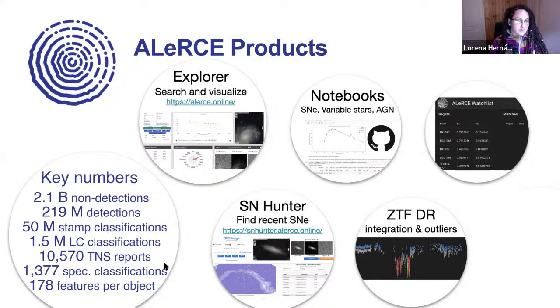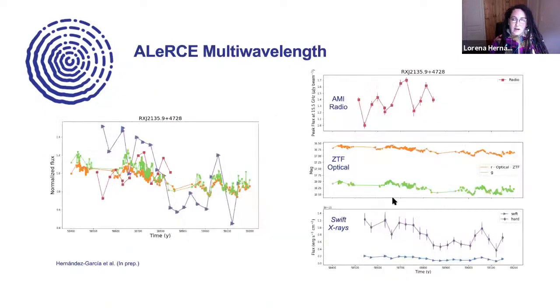And here there are some key numbers. I want to focus on the 178 features that we compute per object. And this is a public library that can be downloaded and used and allows you to make some cool things. As for example, this is an example of an AGN where we have light curves in the radio, optical, and X-rays.